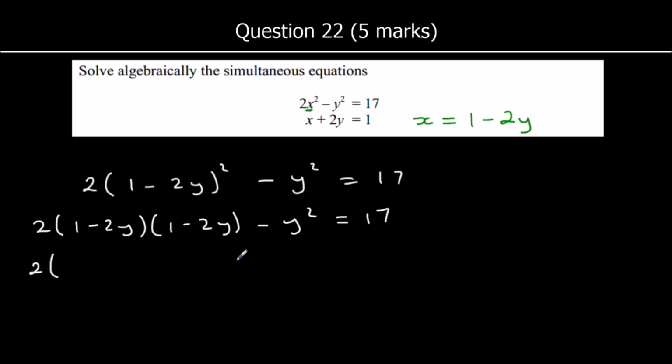So leave the 2 for now. 1 times 1 is 1. 1 times minus 2y, minus 2y. Minus 2y times 1, minus 2y again. And minus 2y times another minus 2y. And negative times a negative is positive. And 2y times 2y is 4y squared.